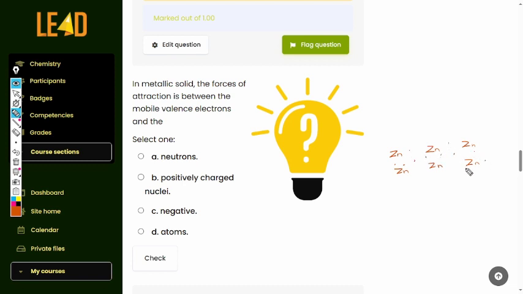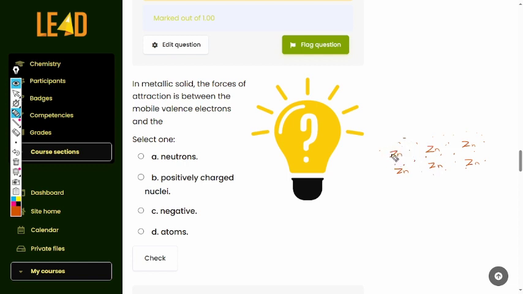Because they are metals, they have mobile electrons around them. These electrons are negatively charged. What is keeping this bond together is the attraction between the negative electrons and the positive protons that are in the nucleus of the zinc atom.